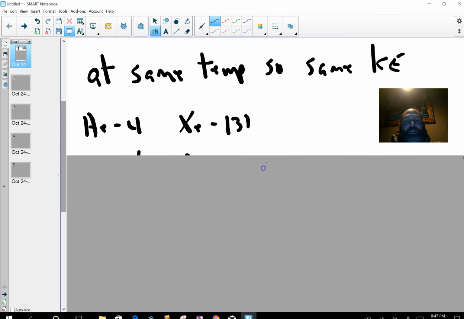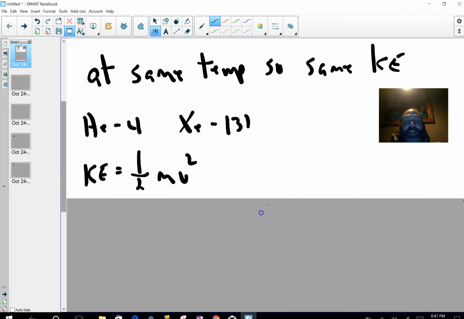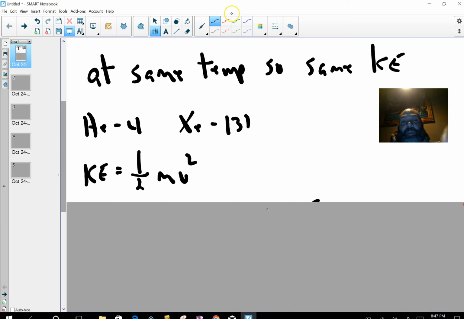Beginning here, we take a look at the masses of our elements. Helium is an atom with a mass of 4. Xenon has a mass of 131. If we think about kinetic energy, we know that kinetic energy is equal to 1/2 mv squared, where m is the mass of your atom and v would be the velocity.